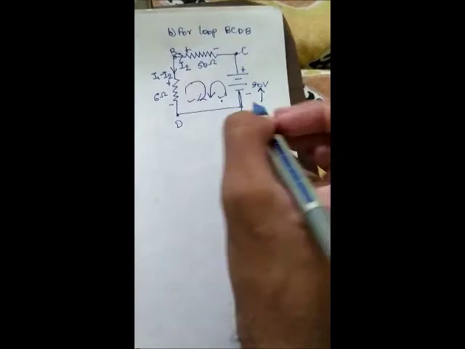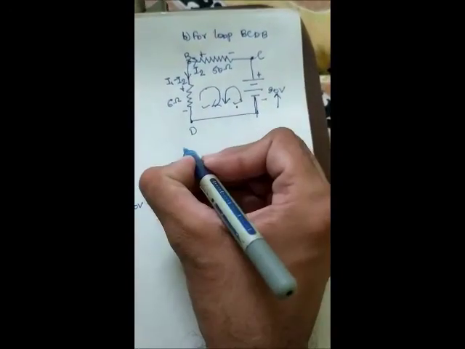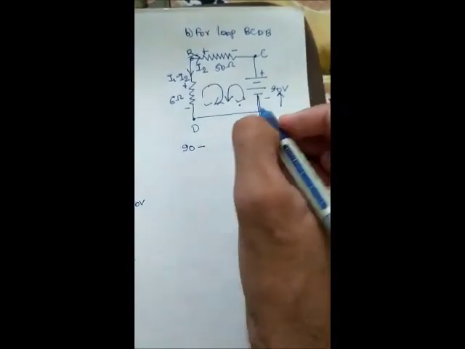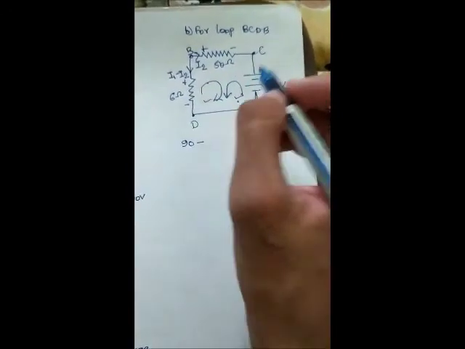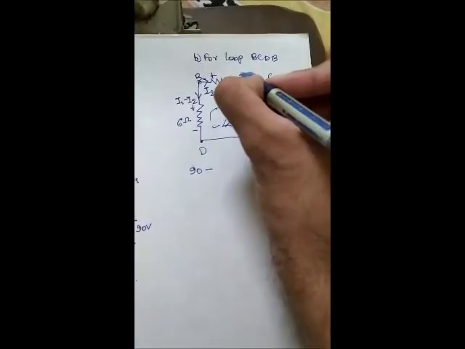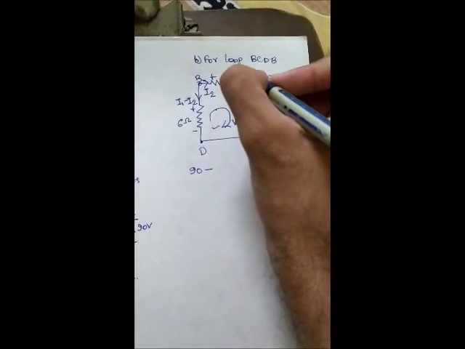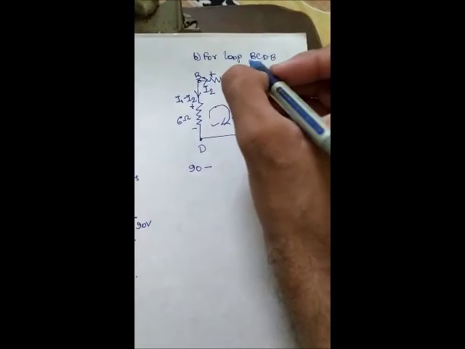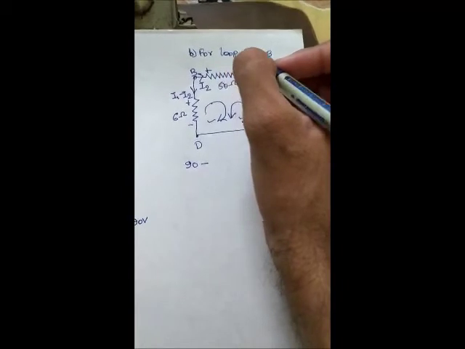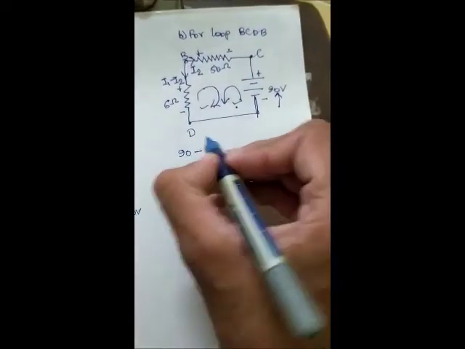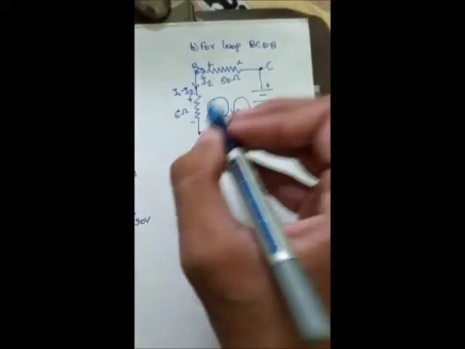Minus to plus, potential is rising. So 90 minus, here minus to plus potential is rising. So potential is rising from minus to plus.